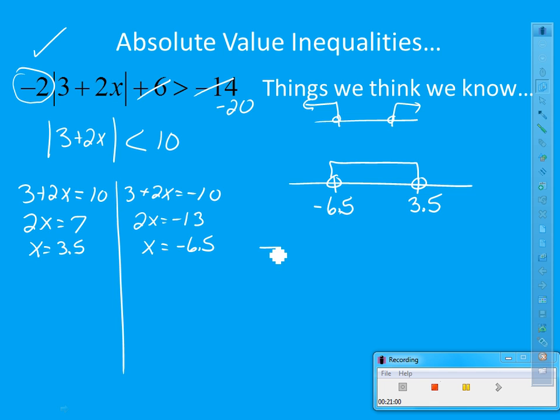In interval notation, it looks like this, parentheses, negative 6.5 comma 3.5. As an inequality, negative 6.5 is less than x, which is less than 3.5.